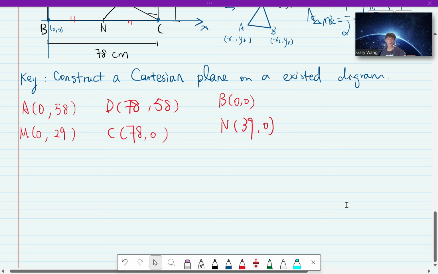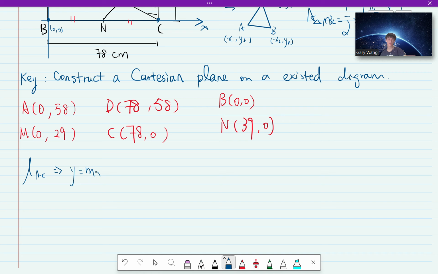So for line AC, we can say y equals mx plus b. That's the general formula for a straight line. And then our favorite slope comes into play.